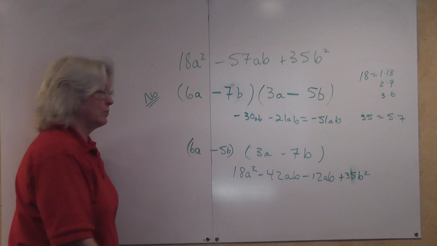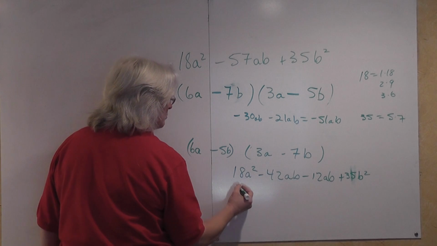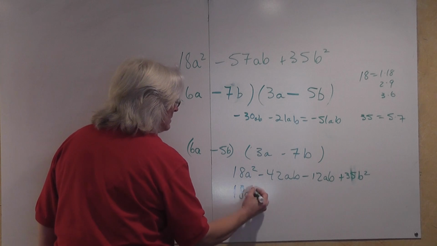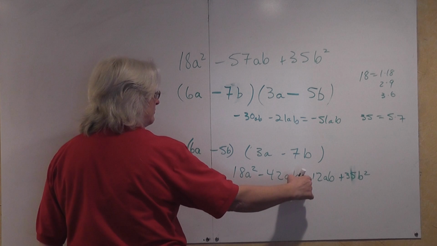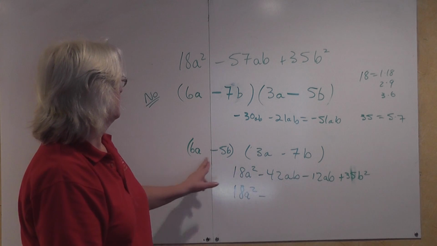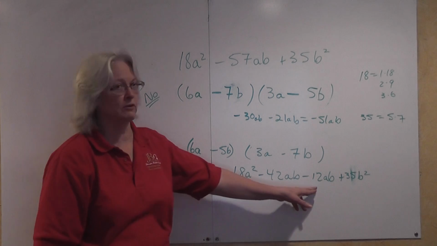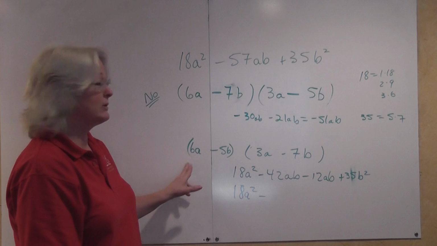What do I end up with when I have the sum of these two, of the outer and the inner products? I have 18a squared minus 42, 52. I've got a negative 54. Did something wrong, didn't I? What did I do wrong?